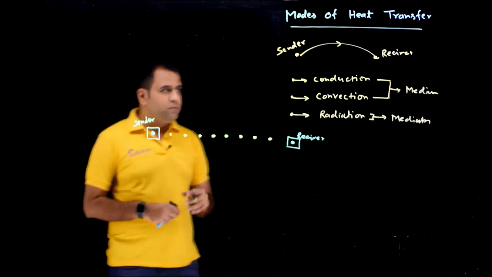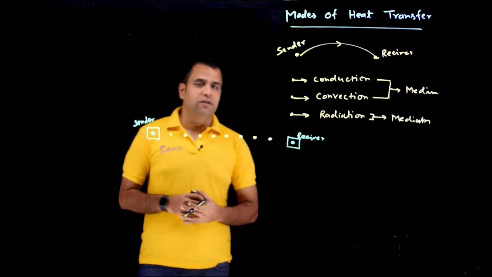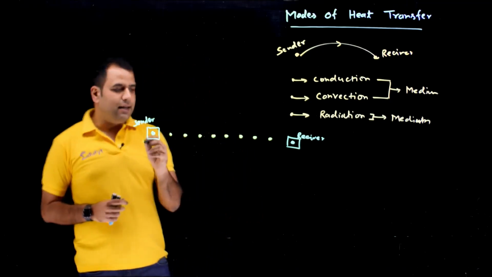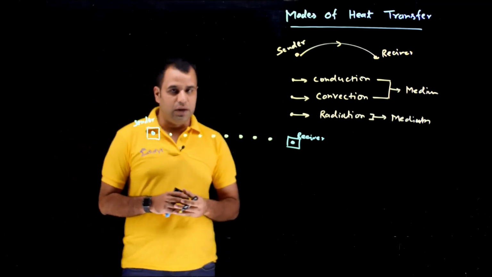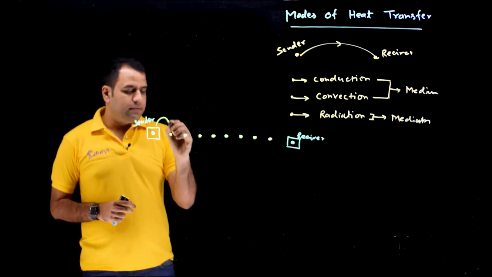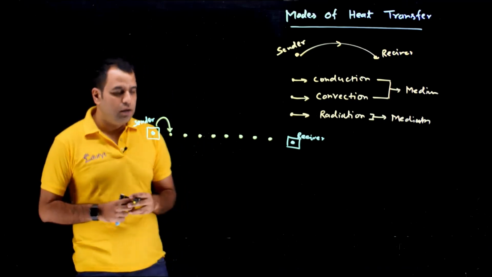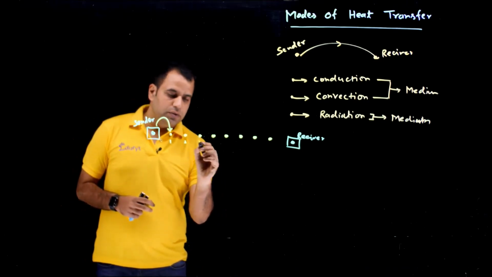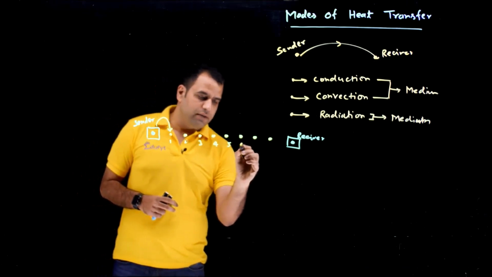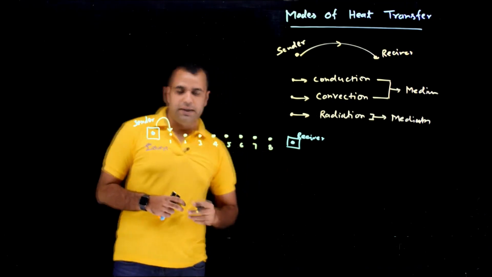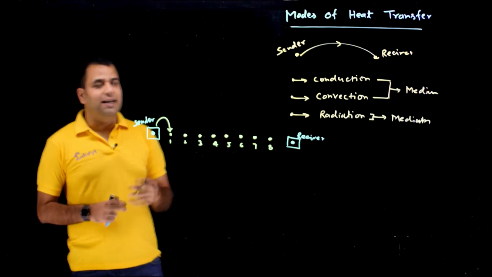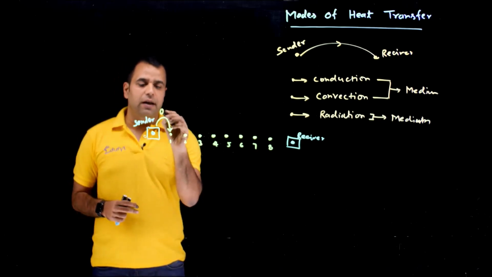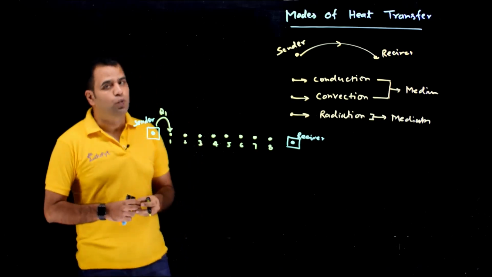So in case of conduction, what happens? The sender doesn't directly send the heat to the receiver. What the sender does is pass on the heat to the nearest particle. Let's say there are 1, 2, 3, 4, 5, 6, 7, 8 particles. The sender will give the heat to the nearest particle, and the amount of heat it is giving is Q1.